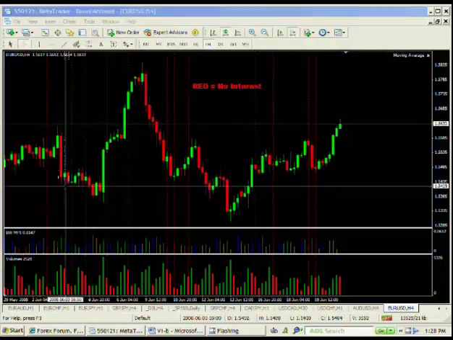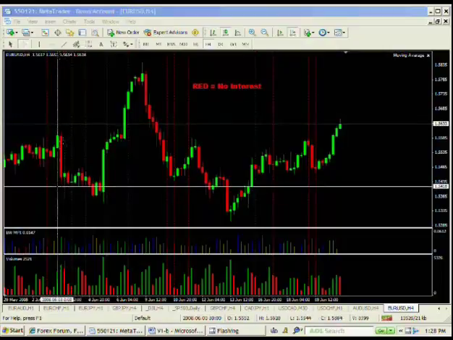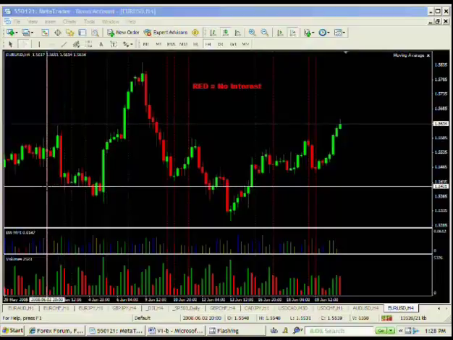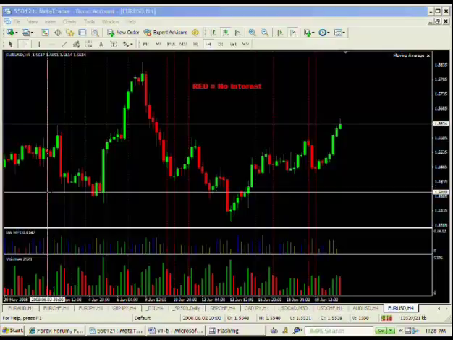Now if there is a down bar on a red MFI bar, that tells us the market wants to go down, because there's no weight being added, no weight being subtracted, and yet it's going down.